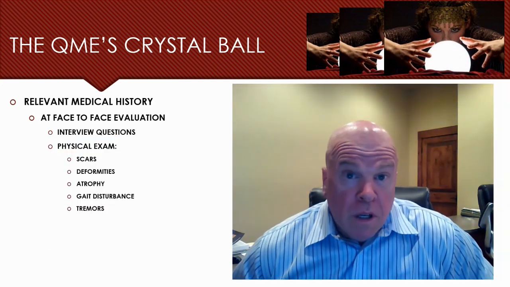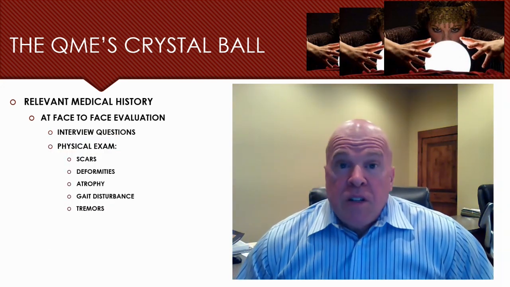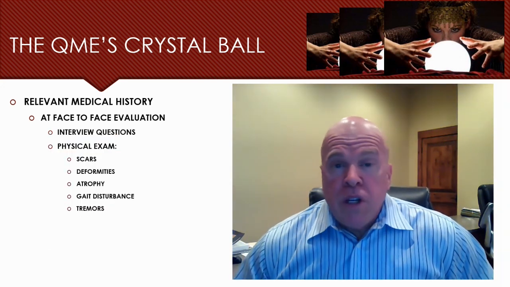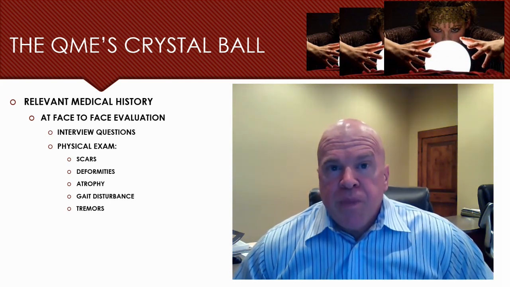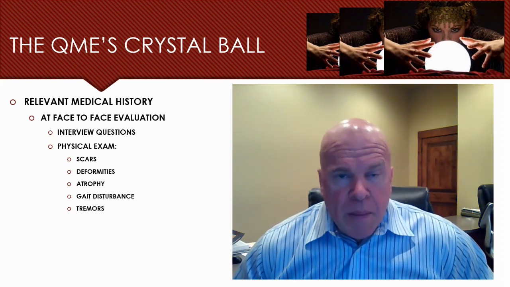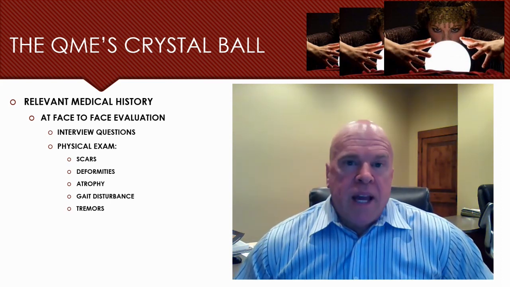And then finally, at the face-to-face evaluation, in concluding your interviewing techniques regarding the relevant medical history, it's important to remember that examinees communicate to us both verbally and non-verbally.